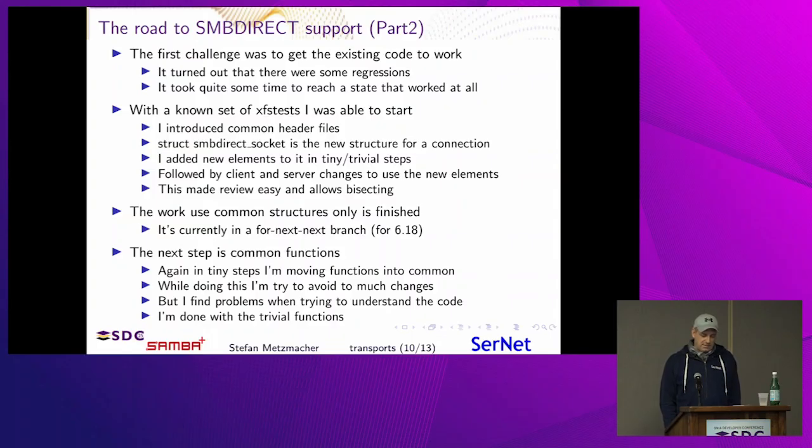And then have a separate commit for the client that just makes use of the new function. Same for the server, and that goes on and on. I guess I'm almost halfway through it, but it's still a bit of work to get there.